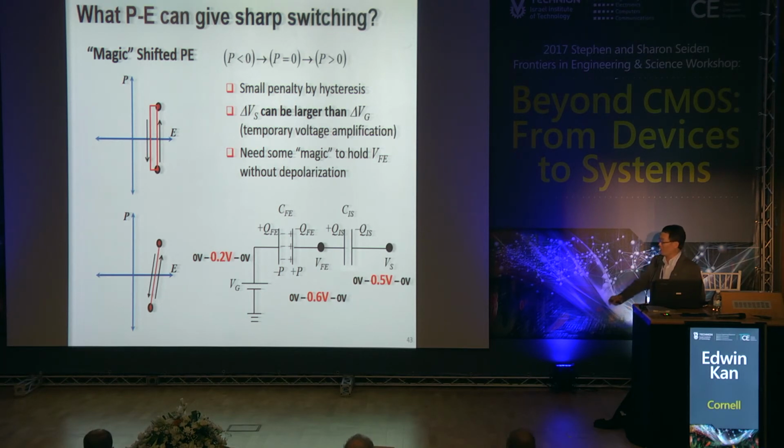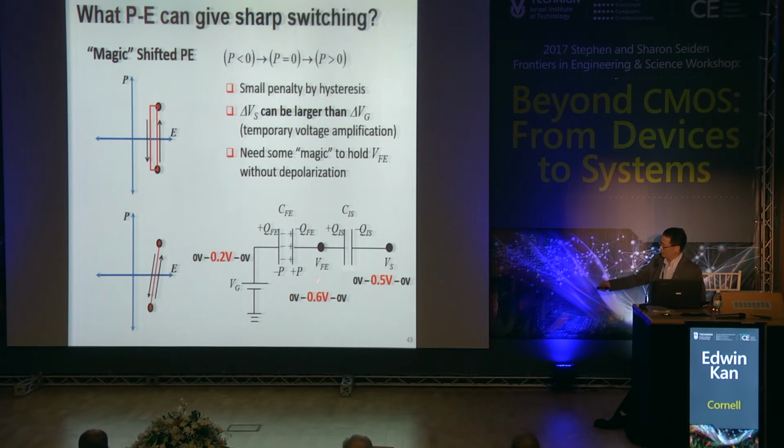And even if this magic material exists, there's one additional problem. Let's look at if you switch from 0 volts to 0.2 volts to 0 volts. You hope your surface potential can switch from 0 volts to 0.5 volts to 0 volts to have a sharper switching on the silicon channel. Let's hold it. Hold the 0 volts to 0.2 volts and say this is designed correctly.